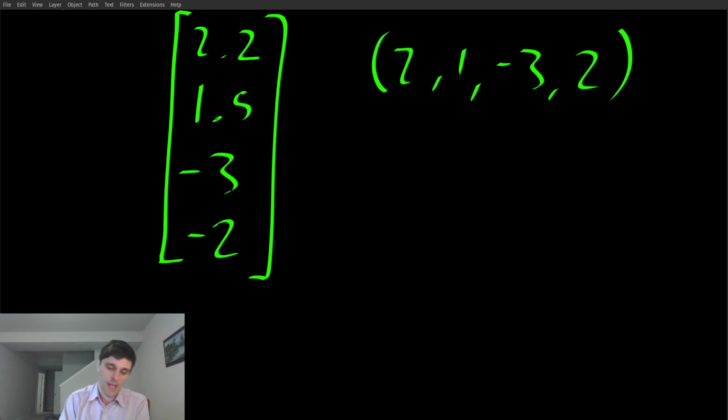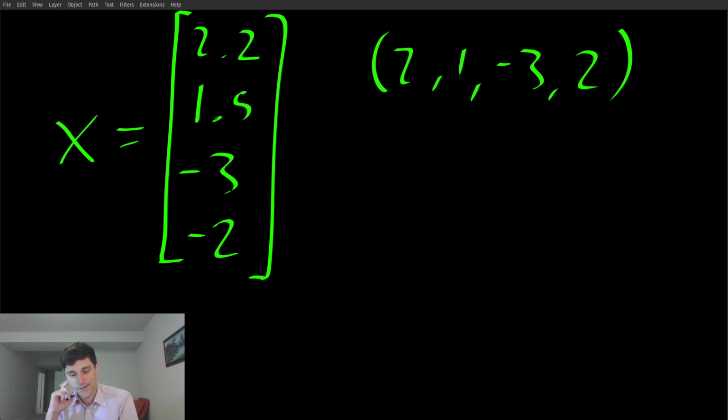Order matters, and if this is my vector, x, then I would say that this vector has 4 elements, so it's a 4-dimensional vector.